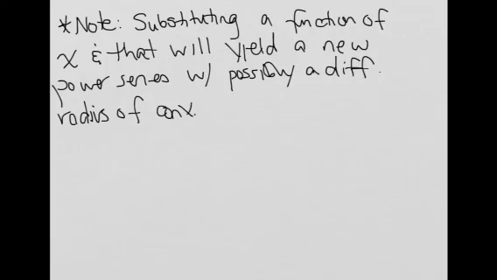So in our examples, when we plugged things in like minus x or plus x squared, and we were plugging in something other than x, the radius there could change. So taking derivatives and integrals doesn't change your radius, but if you plug in a new function, then your radius certainly could change in those situations.